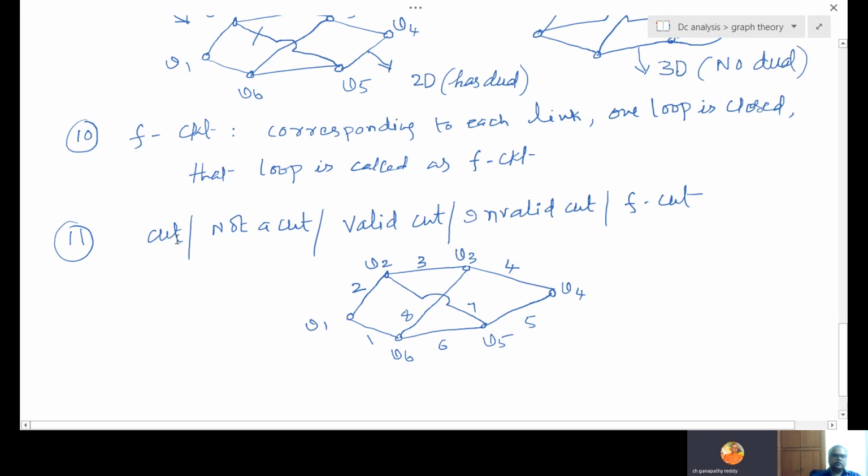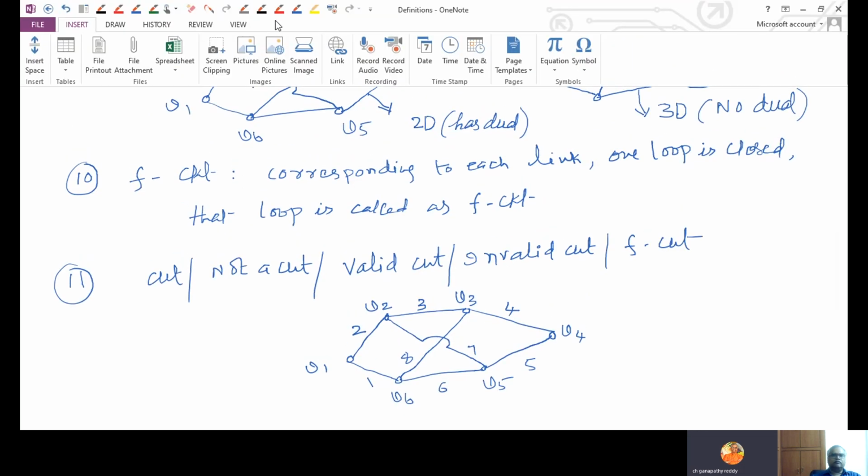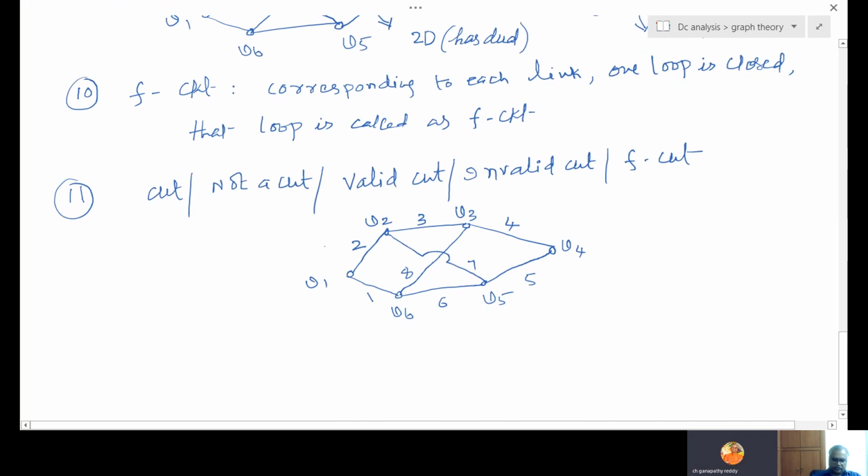Now, cut means a general cut. Any object you make into two pieces is a cut. So how many ways we can cut is so many ways. For example, we can cut like this. This is one cut.